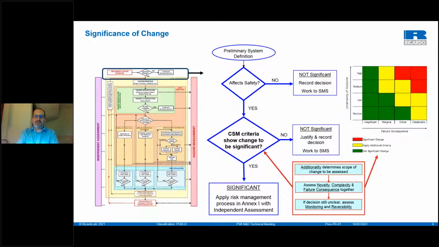So I'm a proposer of a change. I wish to make a change to my network for whatever drivers it might be: capacity, a technology is life expired, it needs to be updated. I want to make a change to a signaling system, but I don't really know what I want to do quite yet, so I don't have much information.